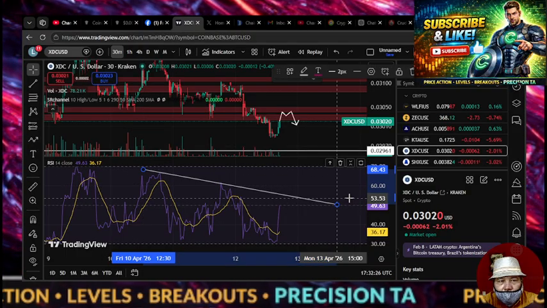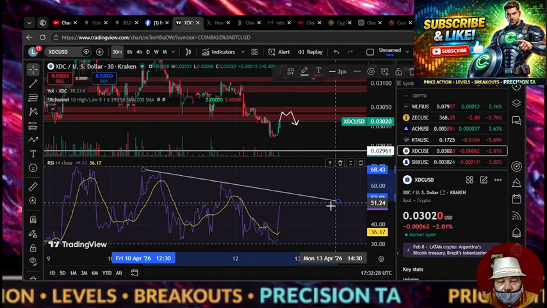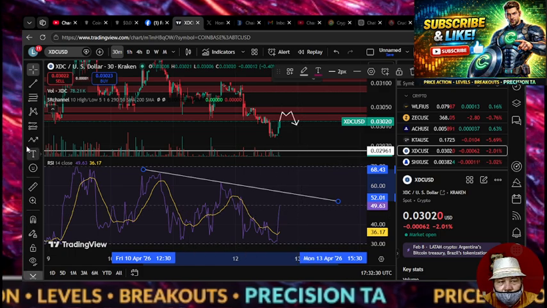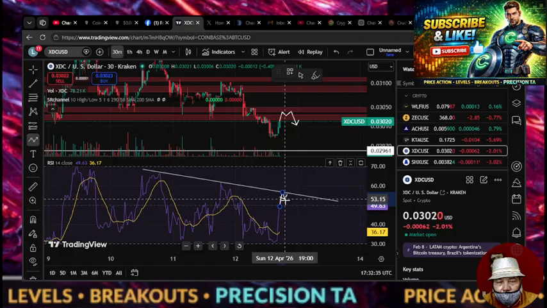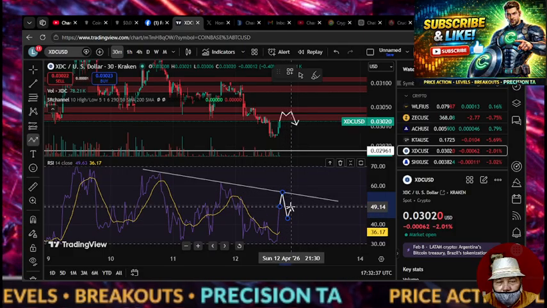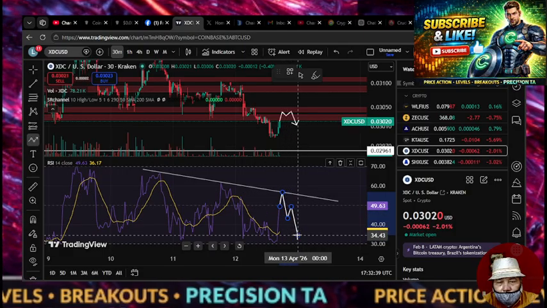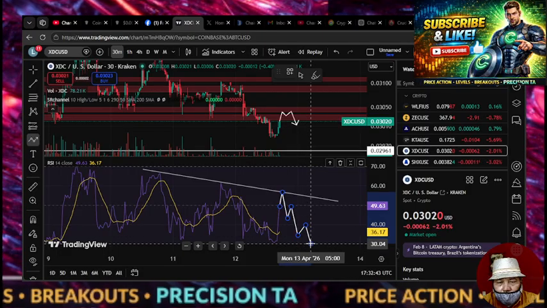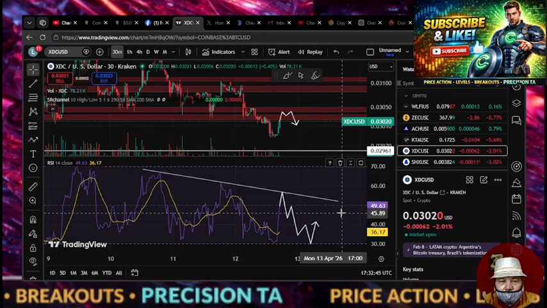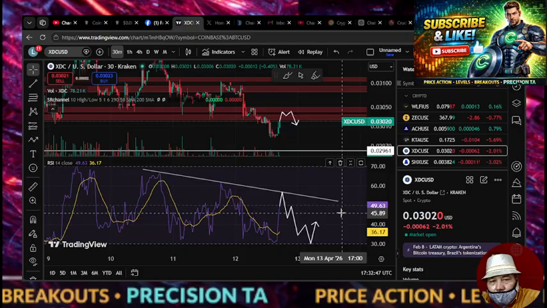This is on the 30-minute time frame. From where we're at right now, we could get up here and then work our way back down somewhere before going back up on the RSI.